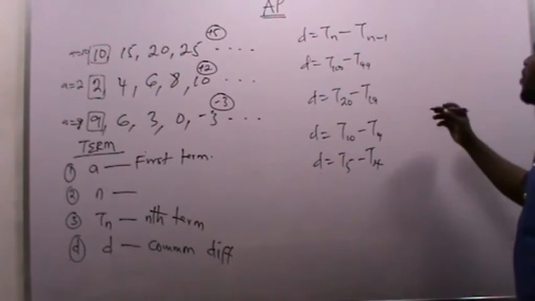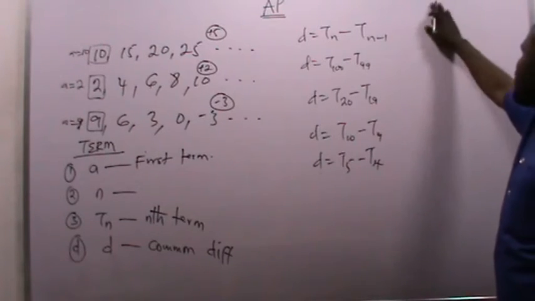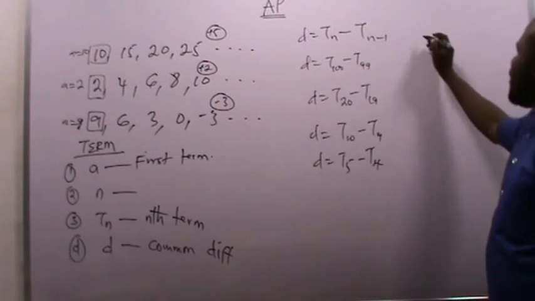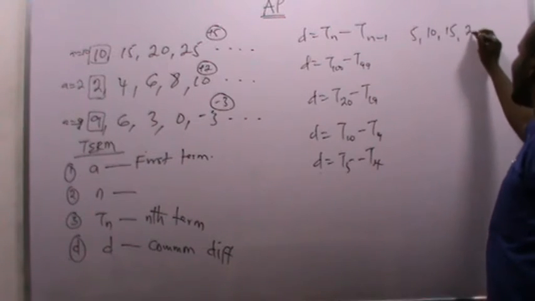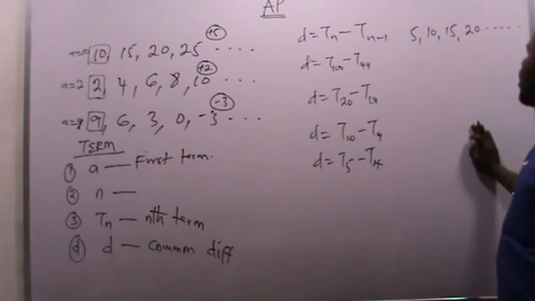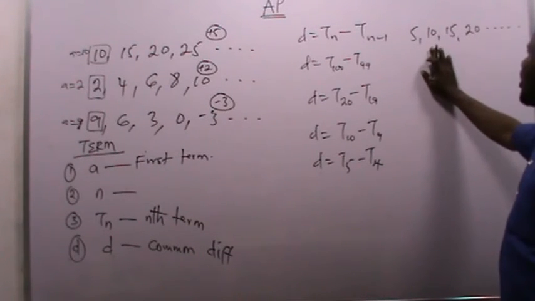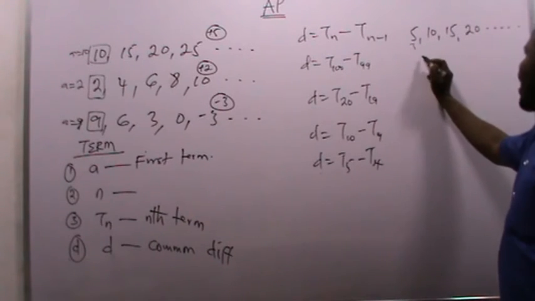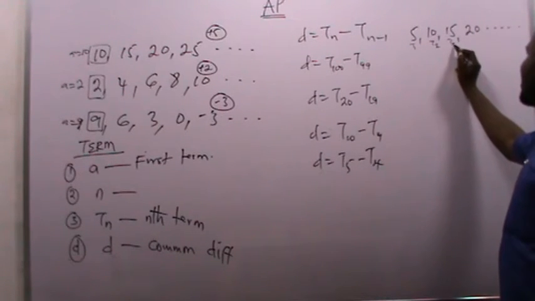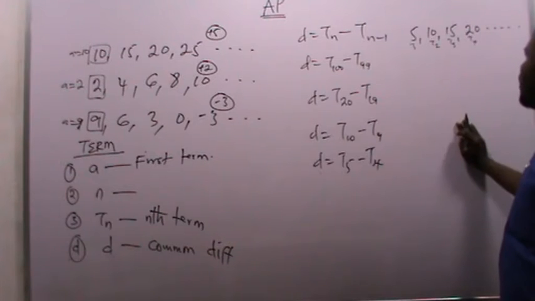So if I give you an example like this, 5, 10, 15, 20, and so on, and I ask, what is the common difference of the AP above? You know, this is T1, this is T2, this is T3, this is T4.